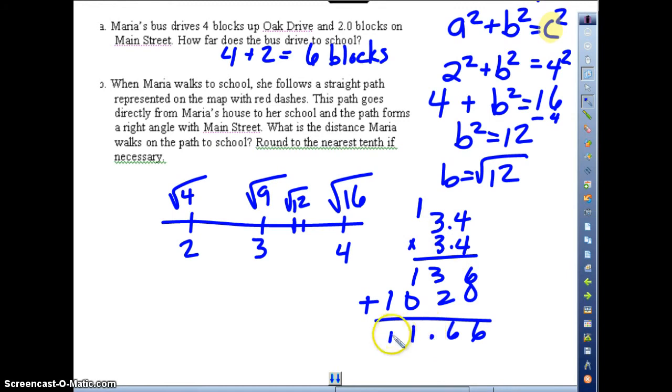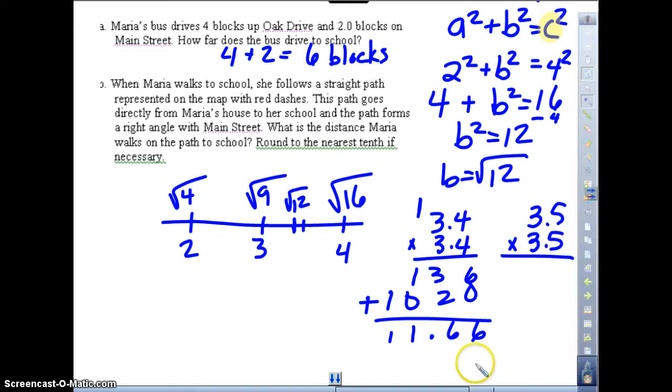Not quite 12, it's 11.56. The next one you're going to try is 3.5 times 3.5. When you get the answer, compare how close that number is to 12.00 and pick whichever is the closest. It's either going to be 3.4 blocks or 3.5 blocks. You finish this out right here and you tell me which one's closer.